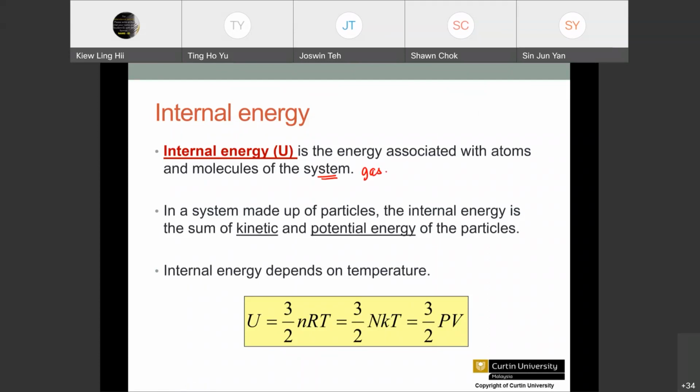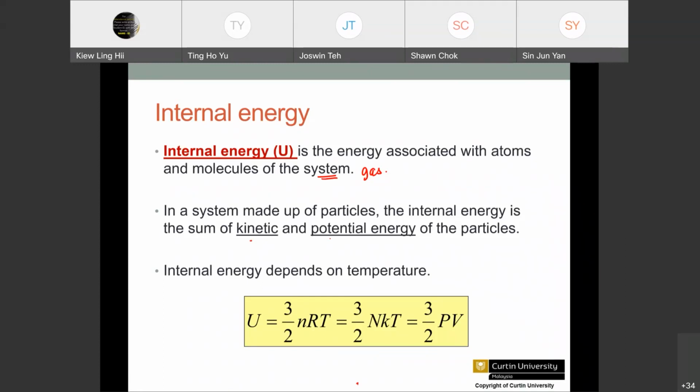In physics, for the ideal gas law, the system is our gas. So the internal energy means the overall energy, the kinetic and potential energy of the particles. Remember, just now we learned that the total kinetic energy of our ideal gas is equal to 3/2 nRT. This is also representable as the internal energy because it already covers all types of energy in the ideal gas.